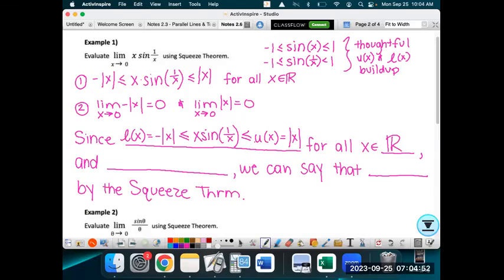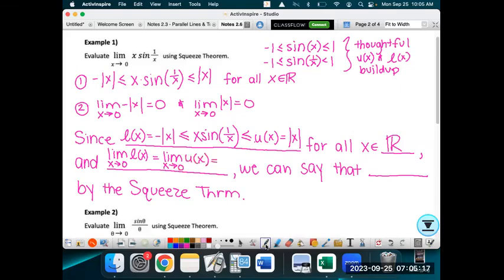And next criteria, the limit as x approaches 0 of negative absolute value of x equals the limit as, oh, I thought I was going to call L of x. Now, if I just said negative absolute value of x the entire time, I don't need to write L of x in there. Here we go.